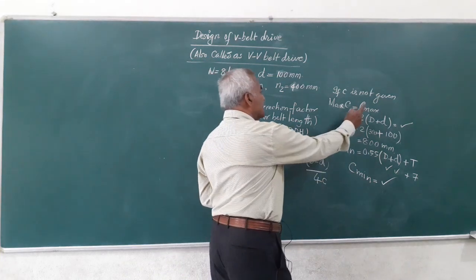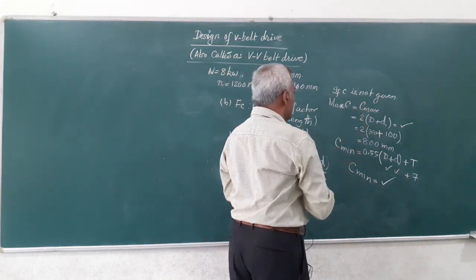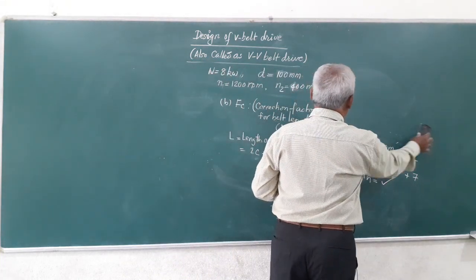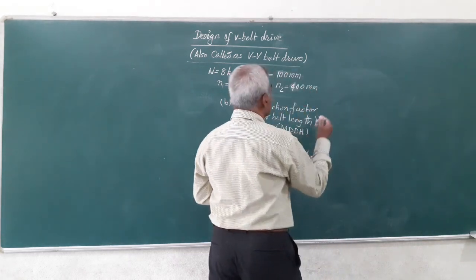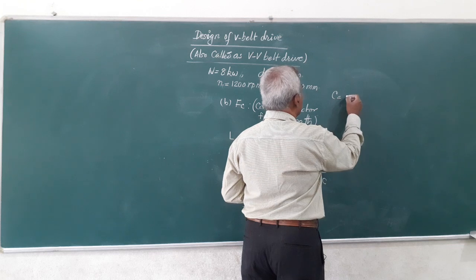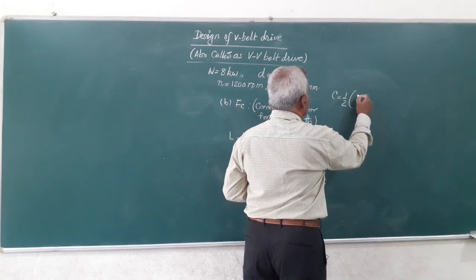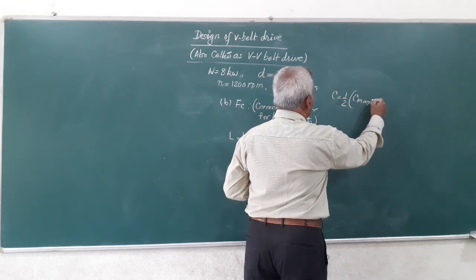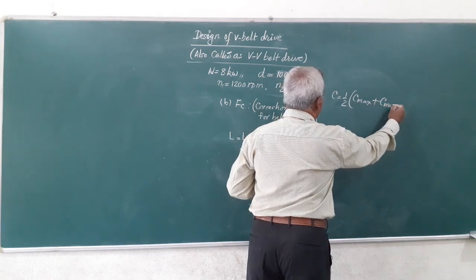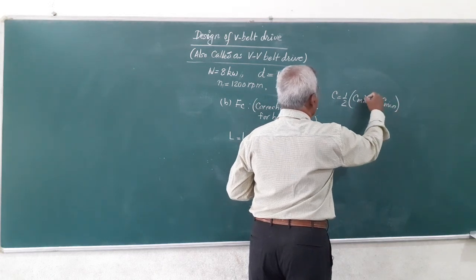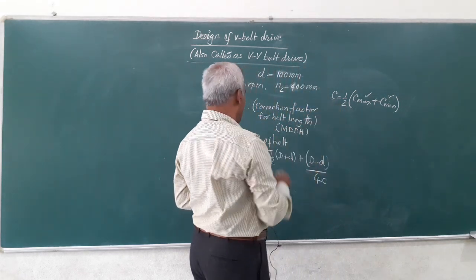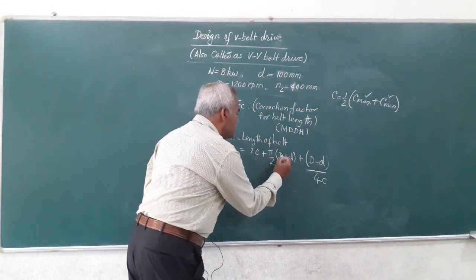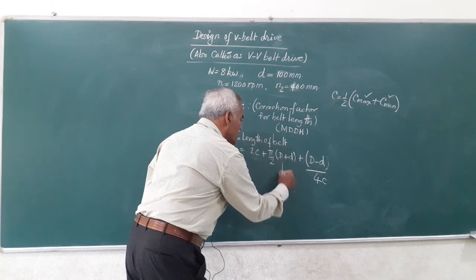Once you have the maximum center distance and minimum center distance, you can adopt an average value of these two center distances, and you can say C is equal to half of (C max plus C minimum). So you know C max, you know C minimum, you take half of the sum, you will get the value of C. Friends, D is the diameter of the larger pulley.